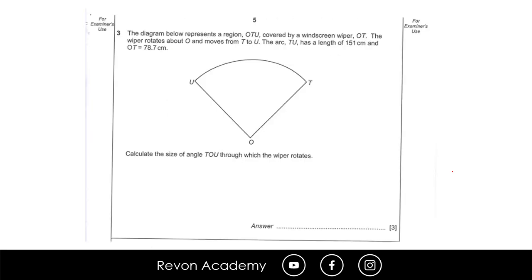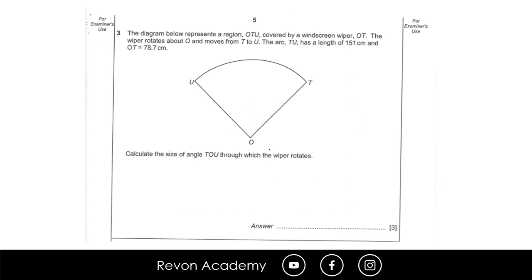The next question says, this one I can see properly now. The diagram below represents a region OTU covered by a windscreen wiper OT. The wiper rotates about O and moves from T to U. The arc TU has a length of 151 and OT equals 78.7.